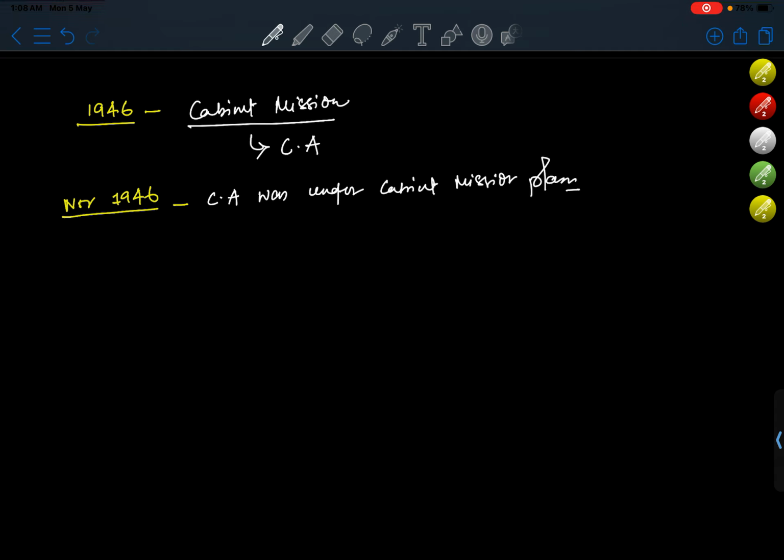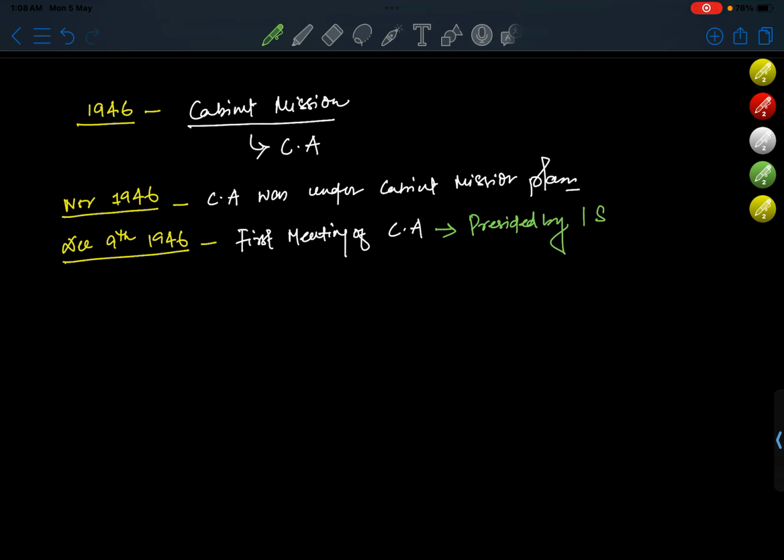On December 9th, 1946, you should know the timeline, the first meeting of the constituent assembly took place, and it was presided by Dr. Sachchidanand Sinha.